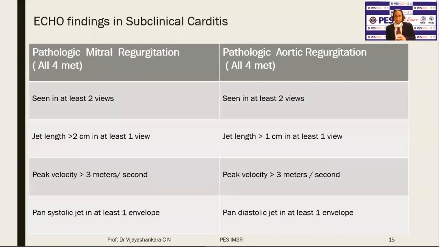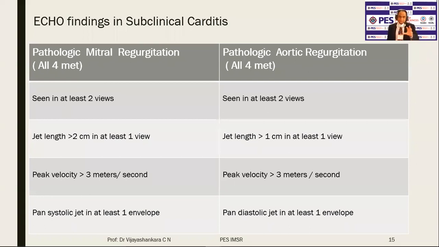Now, if you look at the echo findings in subclinical carditis, there are two valves which are commonly involved in acute rheumatic carditis. One is the mitral valve and the other one is the aortic valve. Both cause regurgitation.